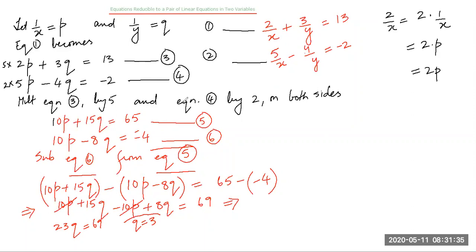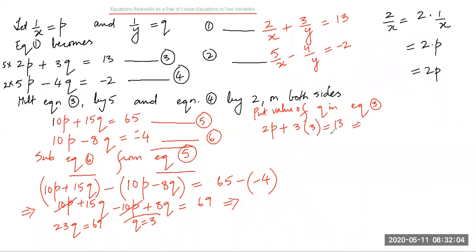Now put this value of q in any equation. Maybe you can put this in the third equation. Put the value of q in equation 3. You can put this in equation 4 also, 5 also, 6 also, no problem. When you put this in 3, what do you get? 2p plus 3q. Instead of q, I will put the value of q, that is 3, is equal to 13.